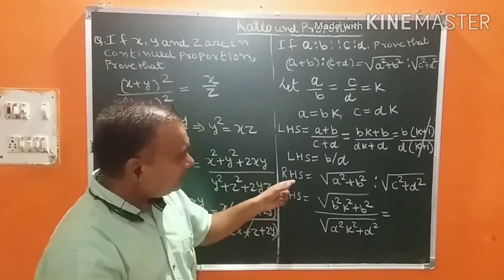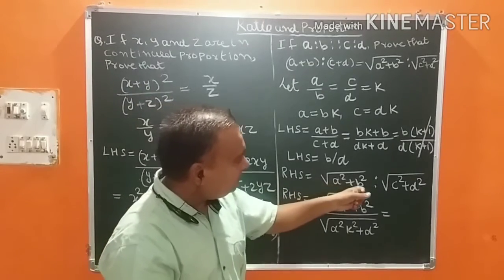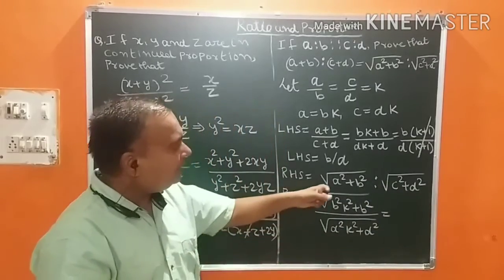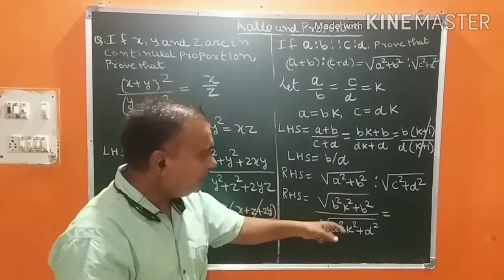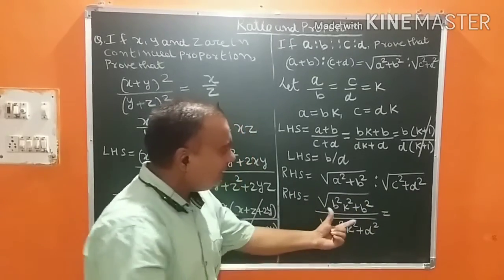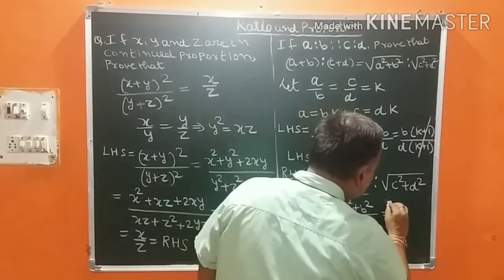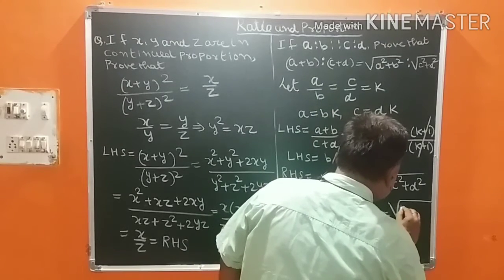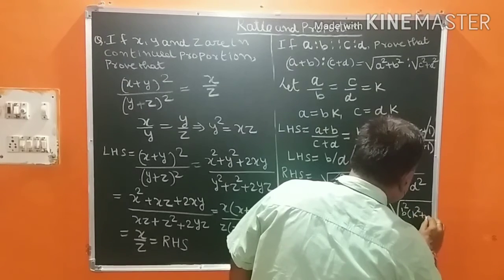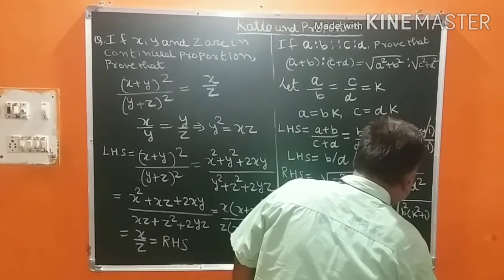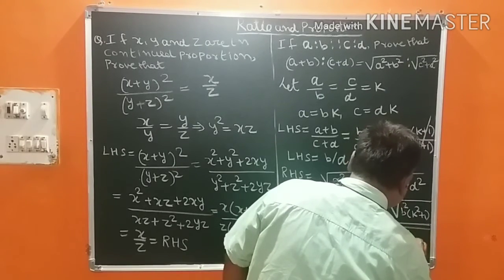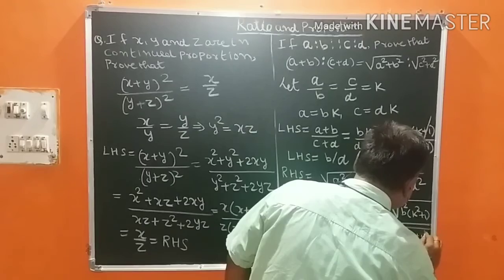Now in RHS, that is under root a square plus b square ratio under root c square plus d square, in place of a I will put bk and in place of c I will put dk. Now from the numerator can I take common under root b square like this? It will be k square plus 1 upon under root, from the denominator we can take common d square, that is again 1 plus k square.